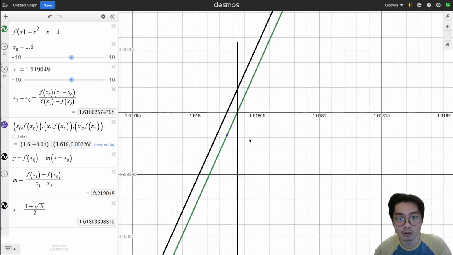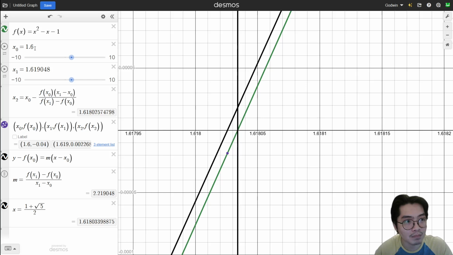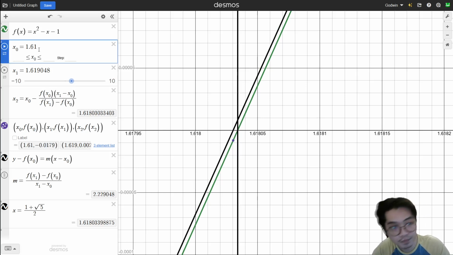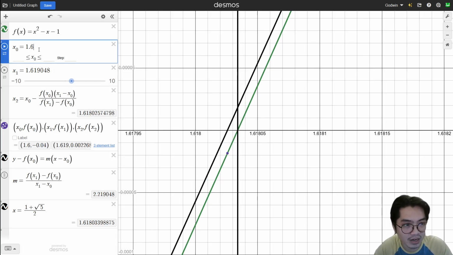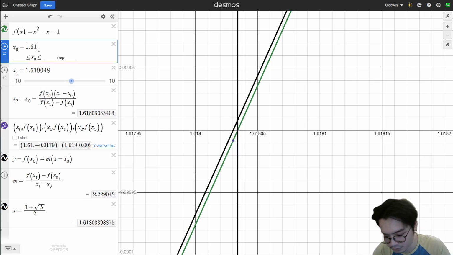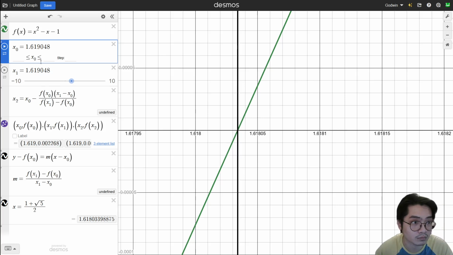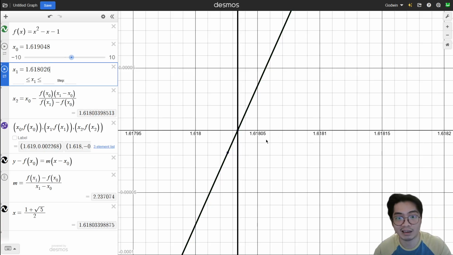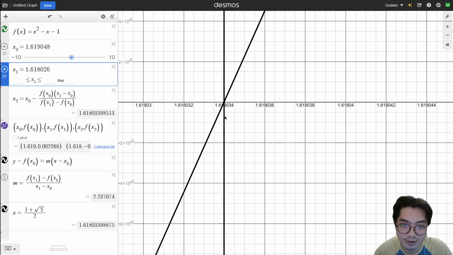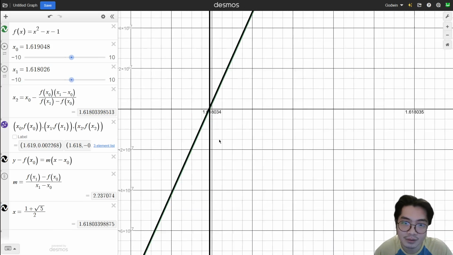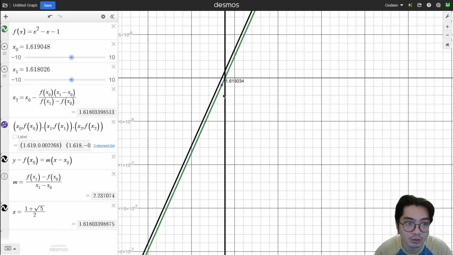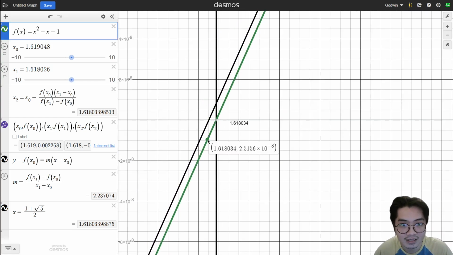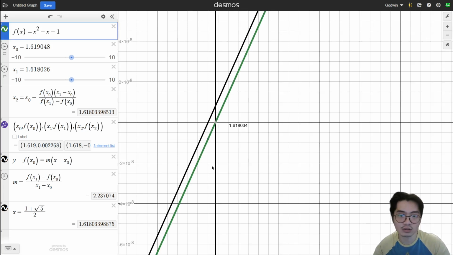It's already way close, right? We get much closer: 1.619048, 1.618026. Oh my goodness, we're zooming in already way too close. Look at that, 5 times 10 raised to negative 8. We are already so close. So that is the power of the secant method.